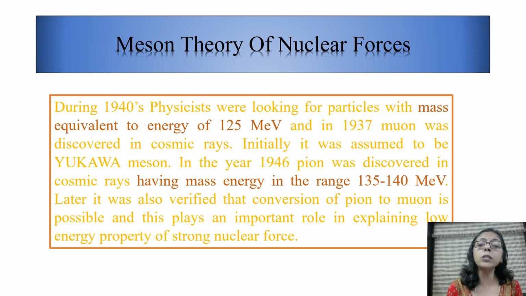Later, it was also verified that conversion of pion to muon is possible, and this plays a very important role in explaining the low energy property of strong nuclear forces. I hope this was a self-explanatory mathematical derivation which made you understand the physical nature of the Meson theory of nuclear forces.